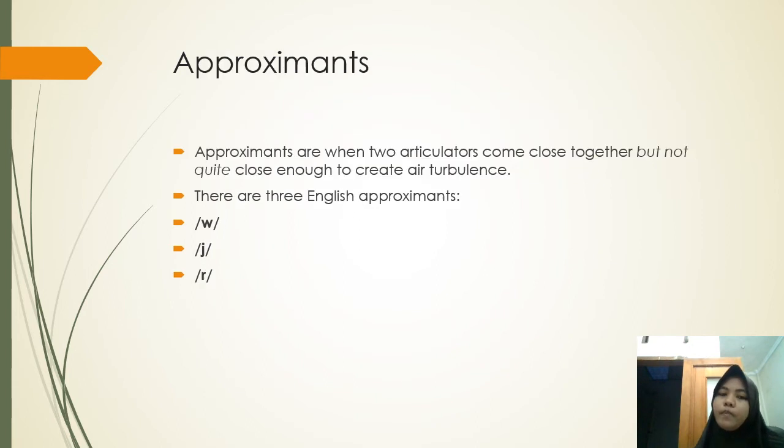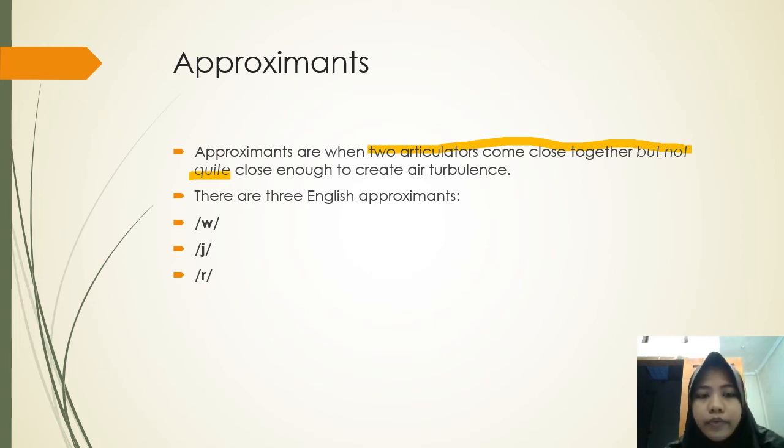Okay. Next, approximants. Approximants are when two articulators come close together but not quite close enough to create air turbulence. So here you bring two articulators to come together, yeah. Okay, but not quite close. Let's try to produce this sound.